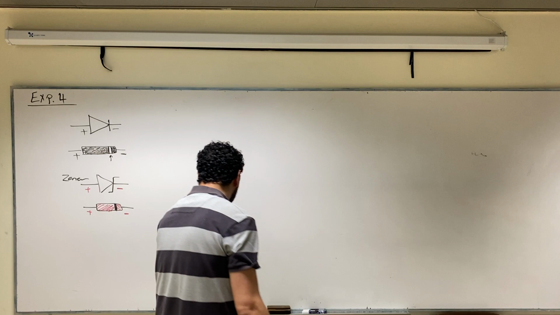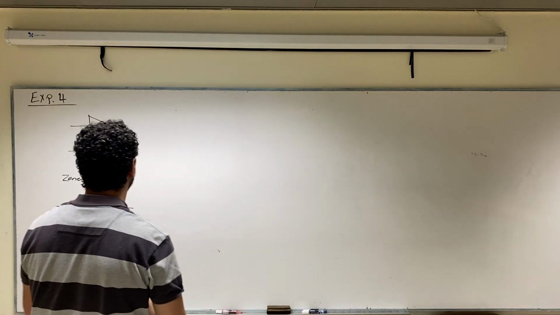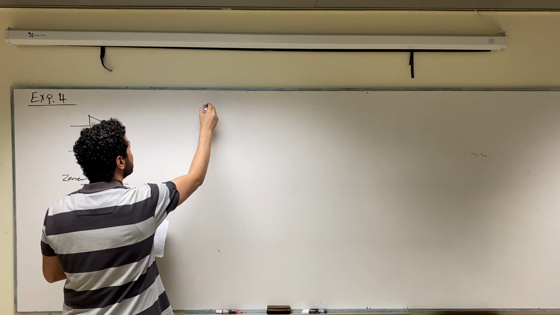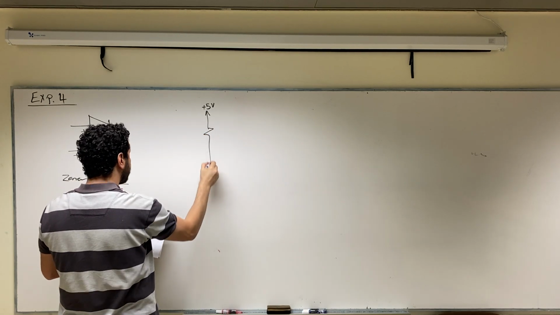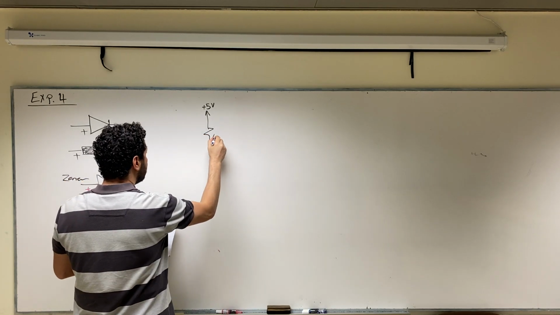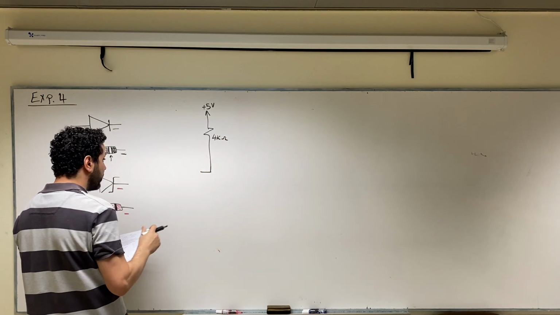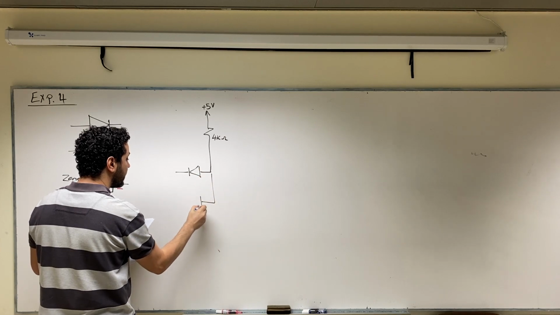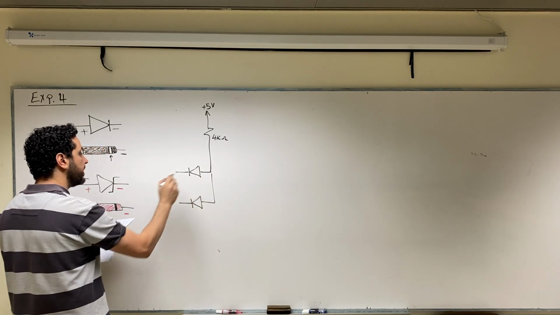Okay, the first circuit that we are going to implement is a logic circuit or a logic gate that looks like this. We are going to connect a DC 5 volt to a resistor 4 kilo ohm, and then we are going to connect here 2 regular diodes in this direction, the positive in this side and the negative in this side.